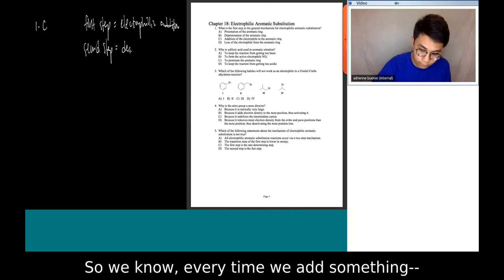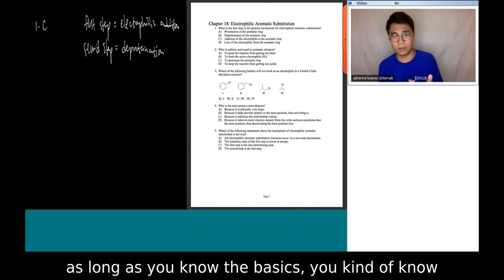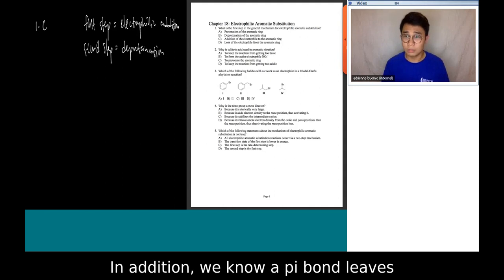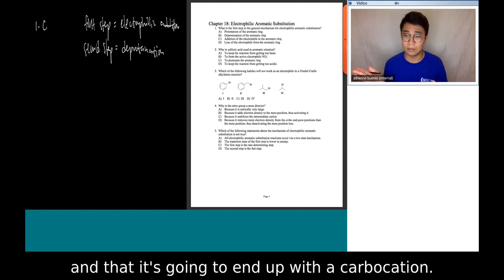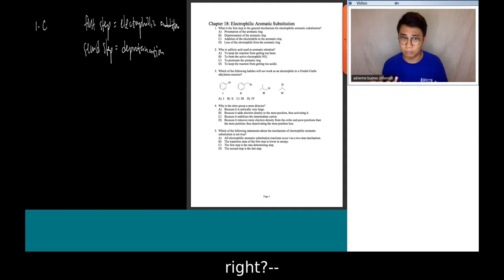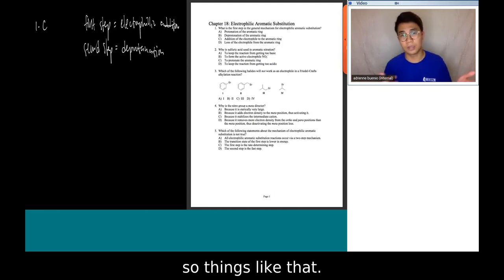Every time we add something, and this is what I was telling you guys about the basics, as long as you know the basics, you know what's going to happen next. In addition, a pi bond leaves, and then we end up with a carbocation, right? That's where the deprotonation comes in: deprotonate that carbocation out.